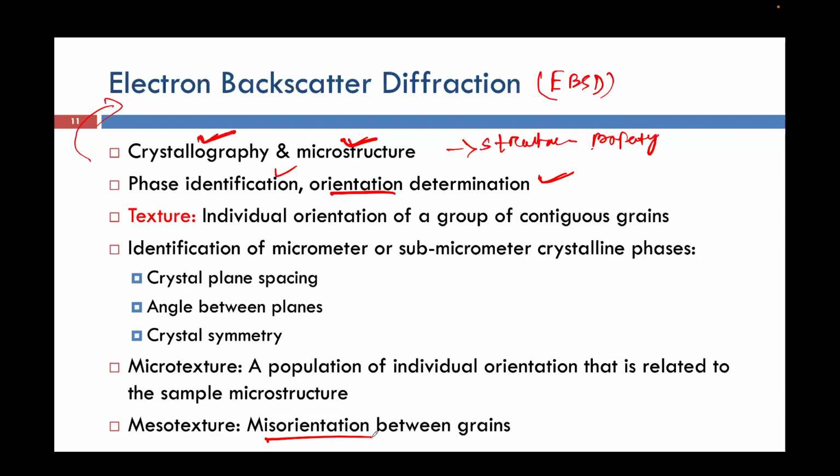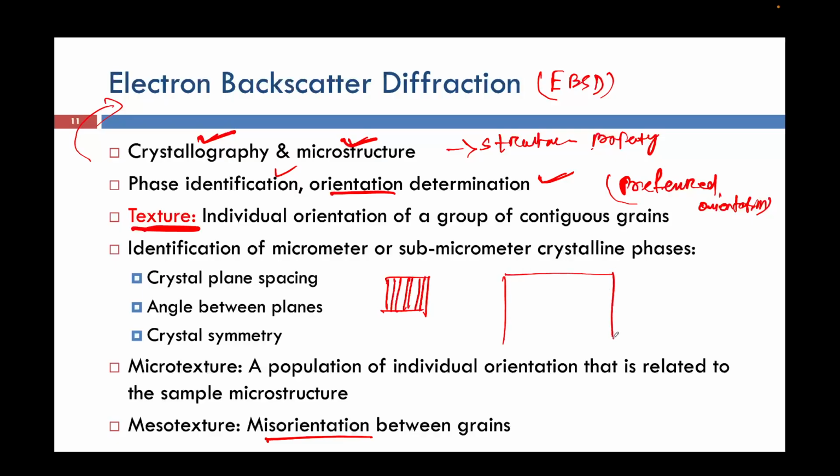And here one term is called texture. Texture is the orientation of a group of contiguous grains. In simple words, texture is preferred orientation. Preferred orientation means, let's say I am talking about my grain, and all of my grains are oriented in this direction.